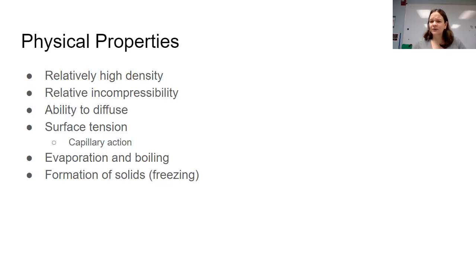The density of different liquids, though, of course, is going to vary a lot, depending on what substance you have. And that's how we can form a density column. If you guys have ever made one, and you should have, when we did biology, we added different substances to a graduated cylinder.